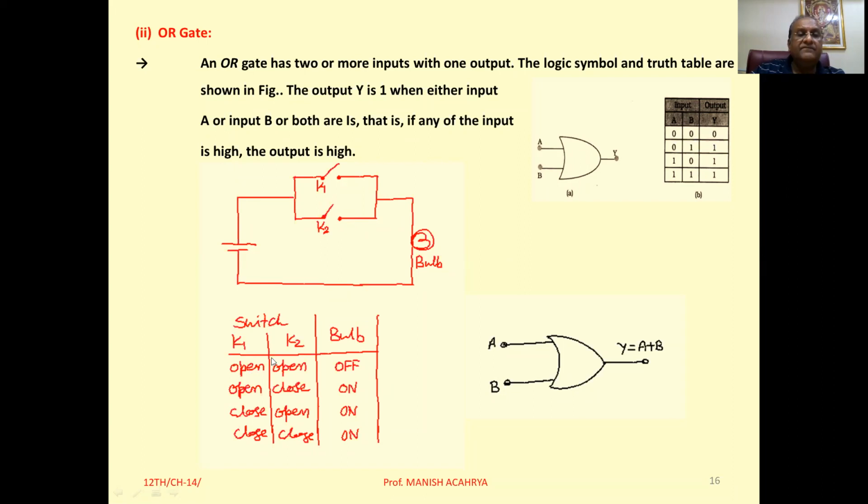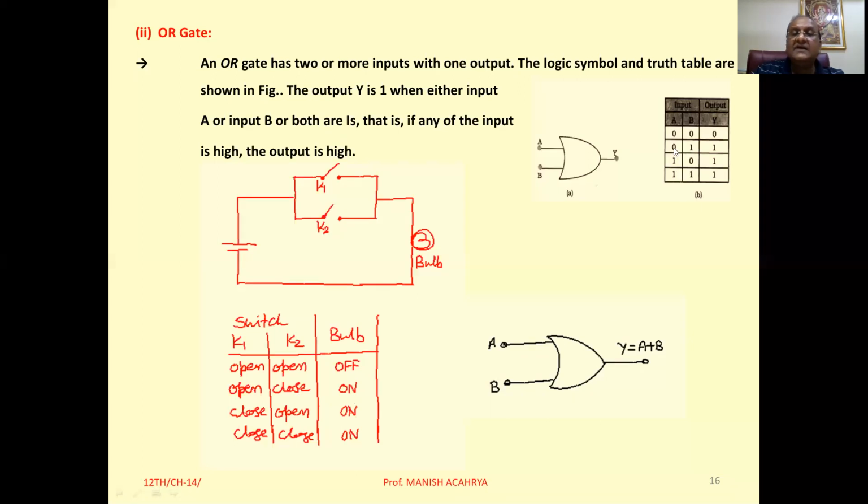Then K1 is open, but K2 is closed. So current will flow through K2 to the bulb, and now the bulb will glow. So we can say when K1 is open, K2 is closed, the bulb is on.